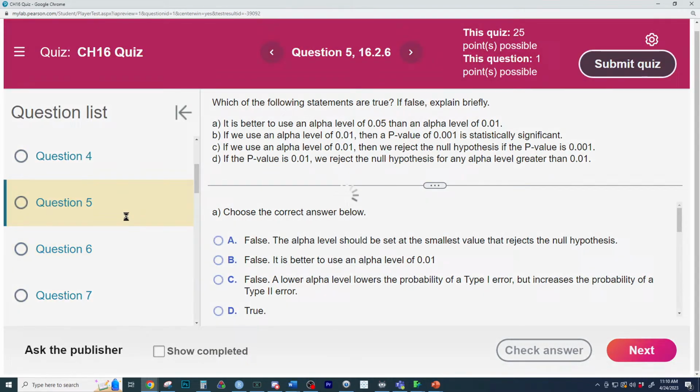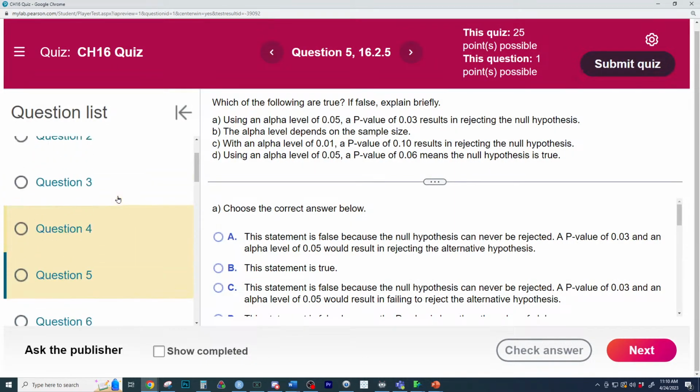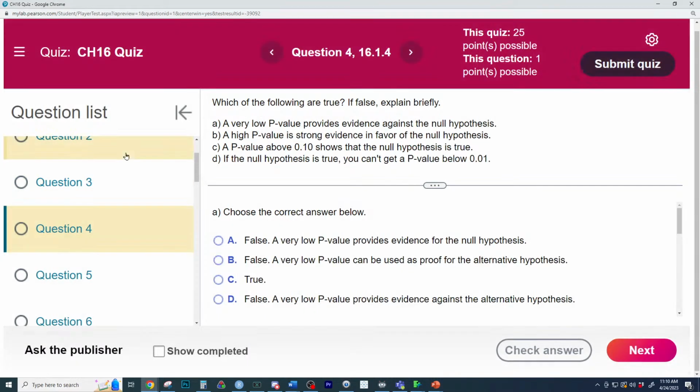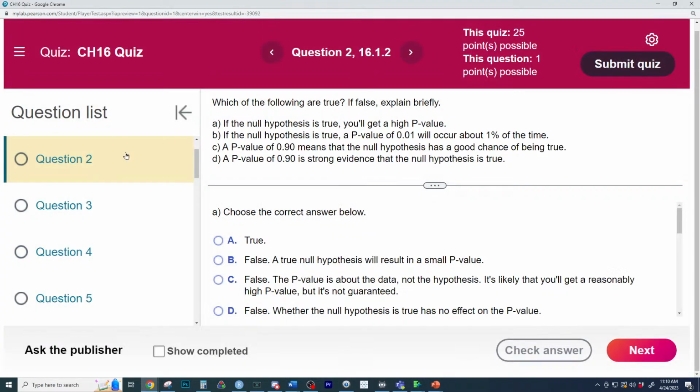A lot of which of the following is true. If the null hypothesis is true, you'll get a high p. Oh, here we go. Okay. Ooh, this one's weird. Alpha levels independent? Yeah, Jackson will do it next. You got it. Here we'll do a bunch of which of the following is true. So let's do a bunch of these, Sloan. And we'll just let people find, because this is a bunch of good basic knowledge.